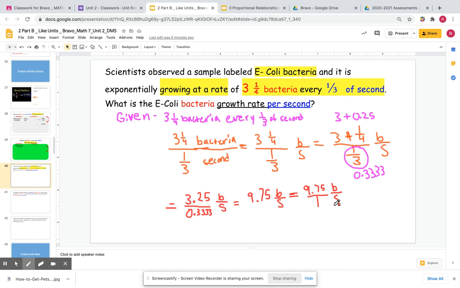So the unit rate of this bacteria growth rate for 1 second is 9.75 bacteria per 1 second. So it's growing about 9 bacteria every 1 second, or actually close to 10.